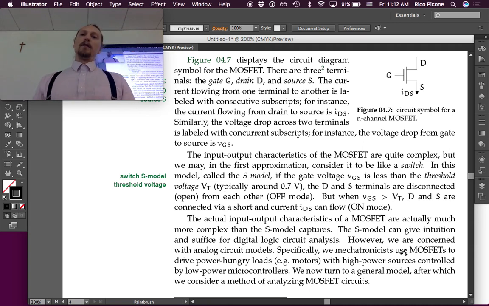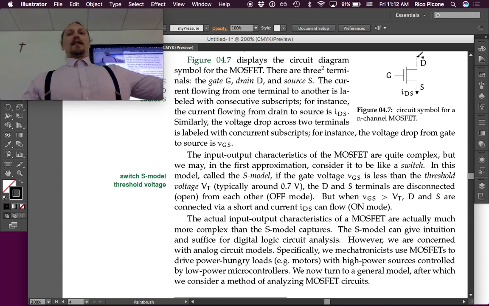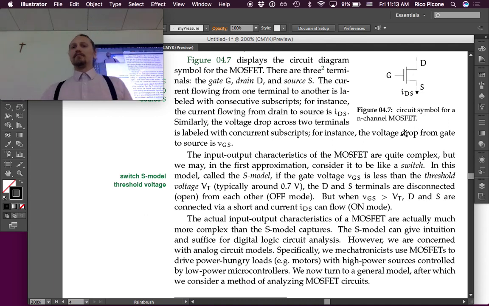If the gate's low, then it's not flowing current from D to S because it's an open circuit, or effectively an open circuit. But when we raise the gate voltage above the threshold voltage, then D and S are connected via a short, and current IDS can flow. That would be on mode, and current would flow like that.